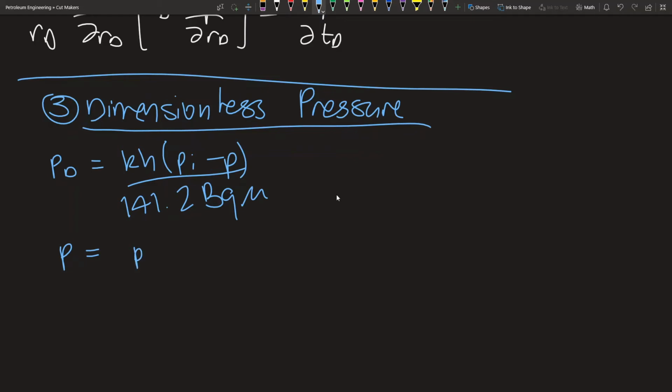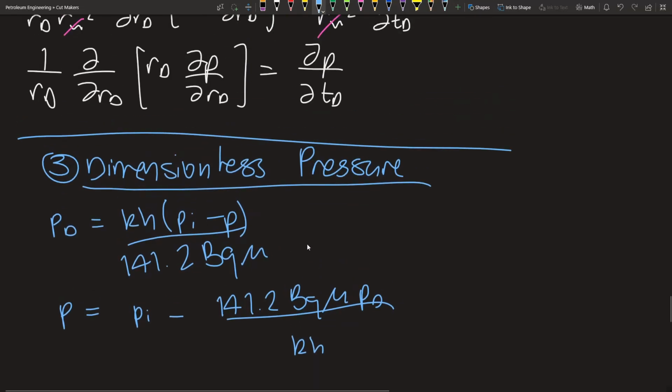P is P sub i subtracted by 141.2 B Q mu P sub d over kh. Okay, sorry that took me so long.